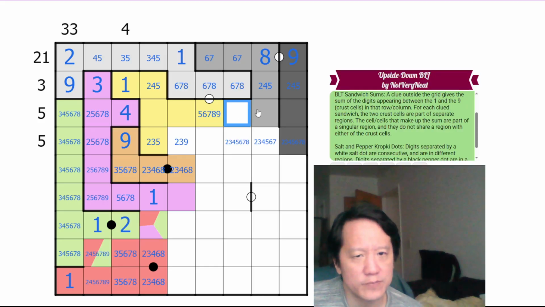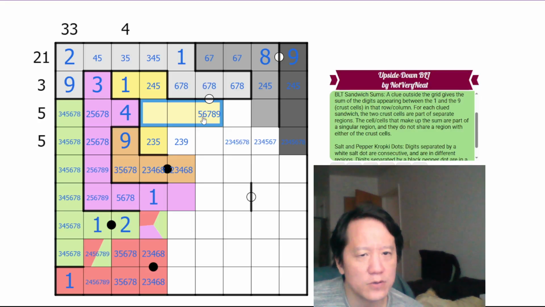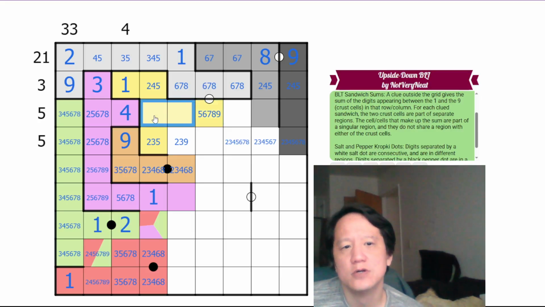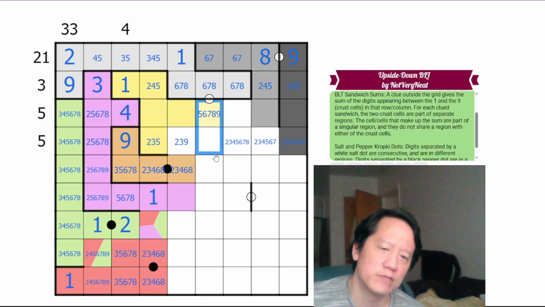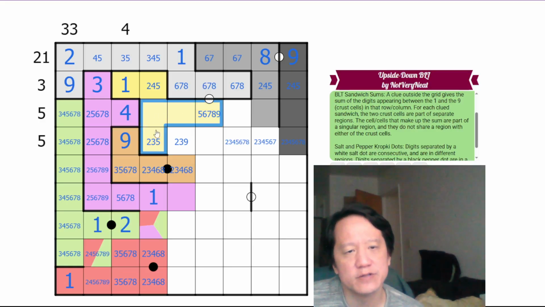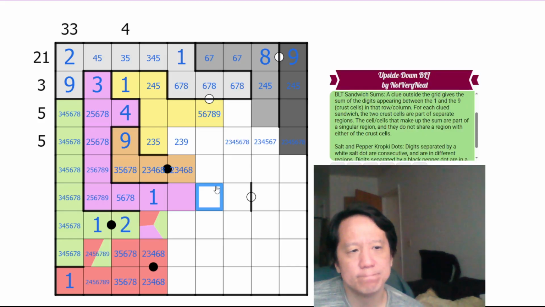So there cannot be region here. Or, sorry, there can't be crust here. Because they would have to be a separate region. This could go down. So we don't know about this portion. Either way, this is either 9, 2, 3, and 1.